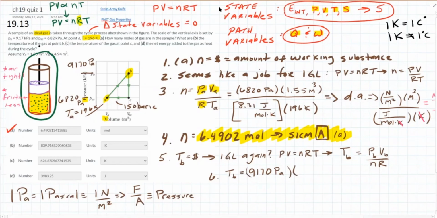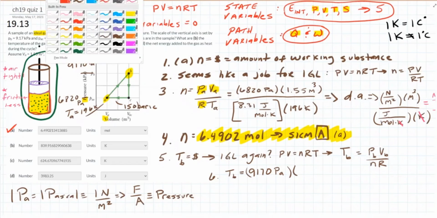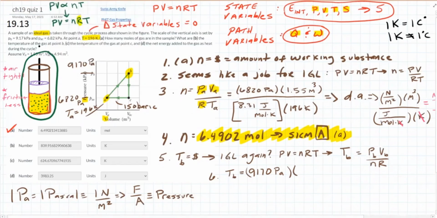It's given. The volume at B is also stated in the problem as 4.94 cubic meters. There's my numerator. Here's my denominator. I'm just going to write down calculator memory location A.